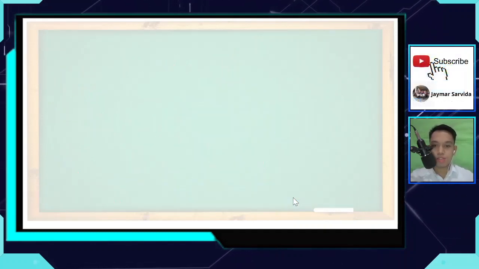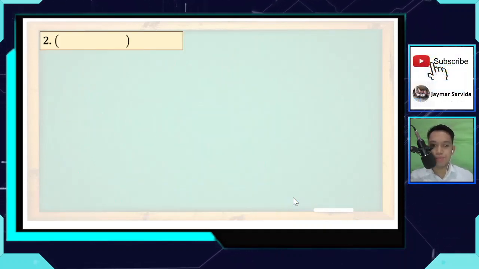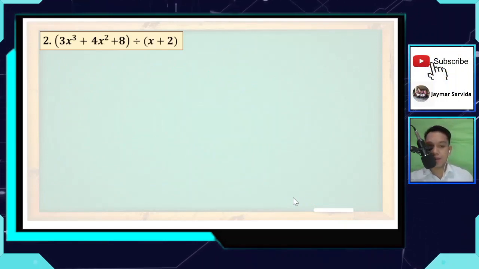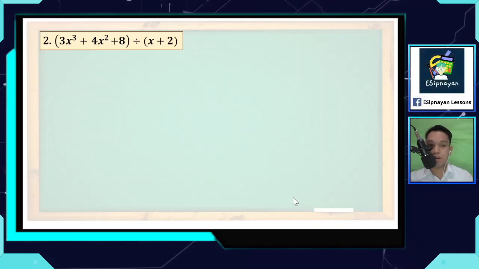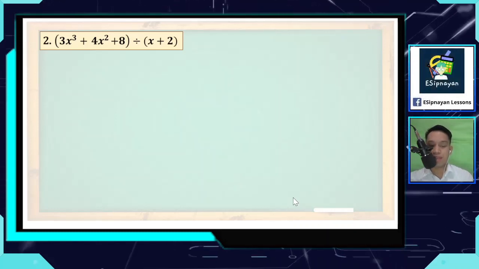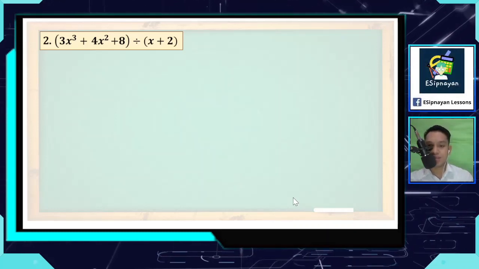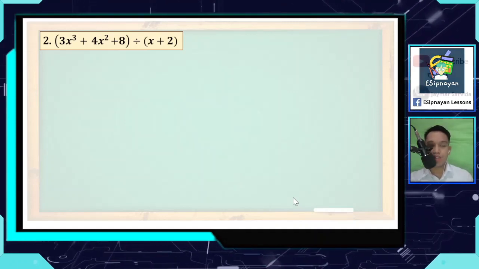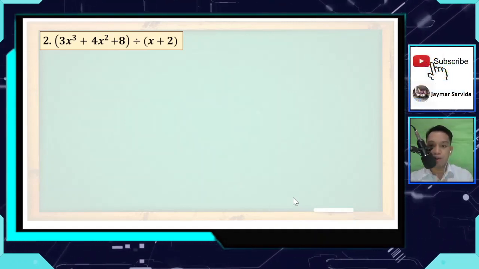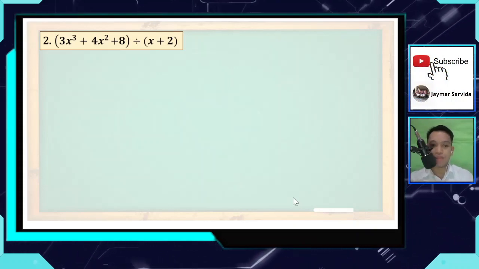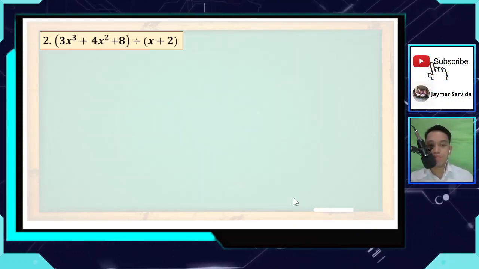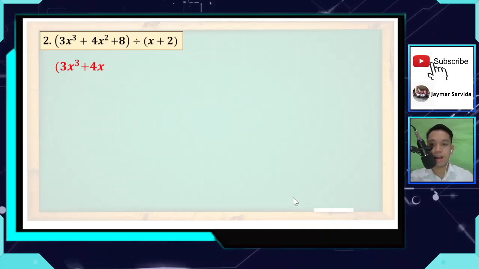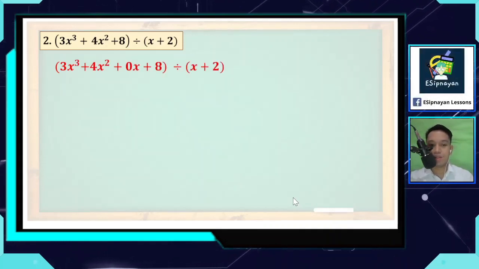Okay, let's proceed to number 2. 3x cubed plus 4x squared plus 8 divided by x plus 2. So, write both the dividend and the divisor into its standard form. Okay, so meaning, dapat naka-arrange siya in descending powers of x. Okay, dito as you observe in number 2, yung ating dividend ay naka-arrange na yan into its standard form.